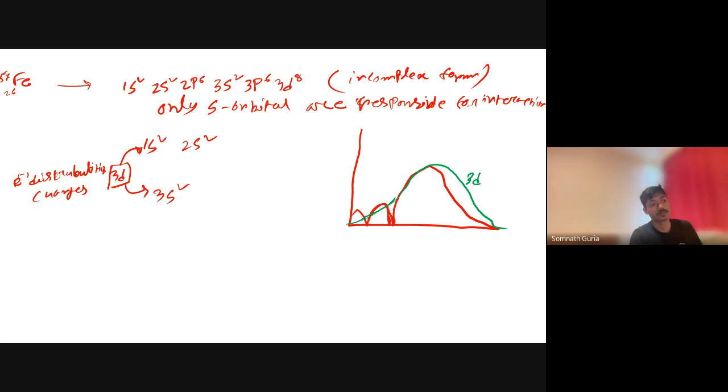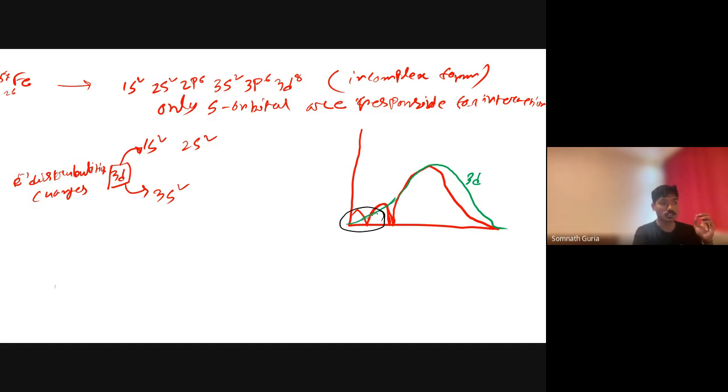If my electronic distribution changes in the 3d orbital, there are also certain changes you can find in this region. We can put it in black color. In that region, some electronic distribution also changes when the 3d orbital changes, and that also affects my 3s orbital's electron density.